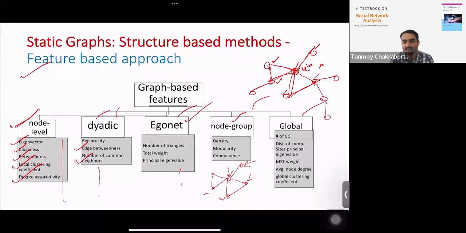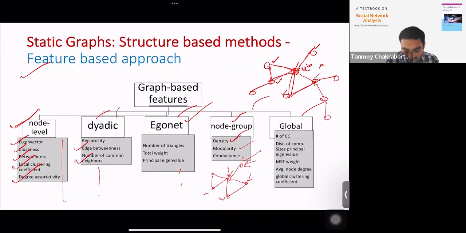Node group, you can look at a subset of nodes, right? It may not be an EgoNet, but say a selected subset of nodes. Say you want to look at nodes within two hops, so first hop and second hop, and then you construct a network, right? Then you can extract density, modularity, conductance.